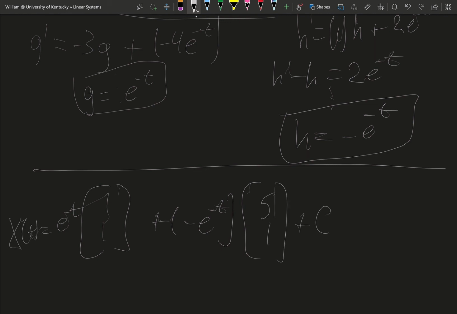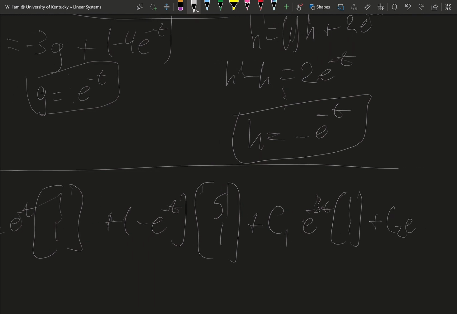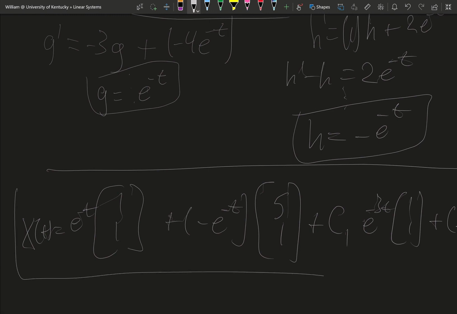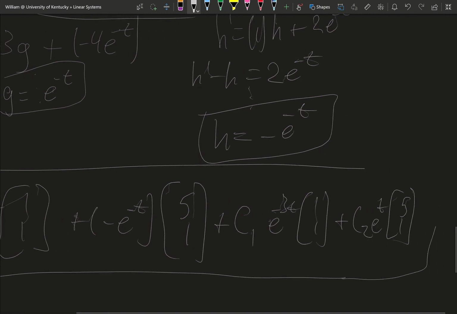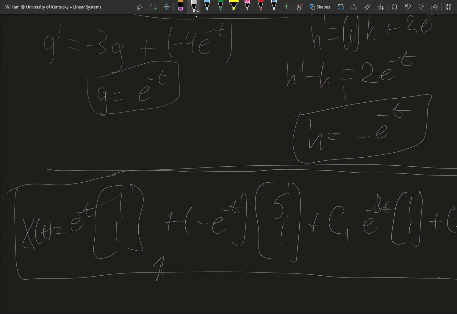And then plus C1 e to the -3t, 1, 1, plus C2 e to the t, 5, 1. And that would be our general solution and our final answer.